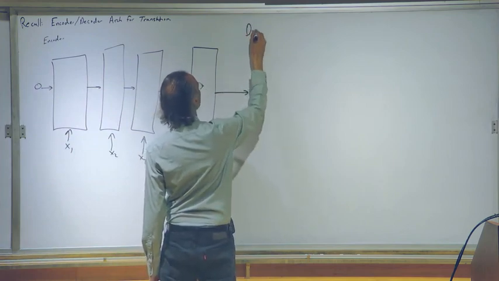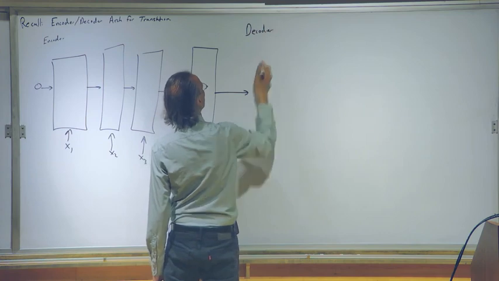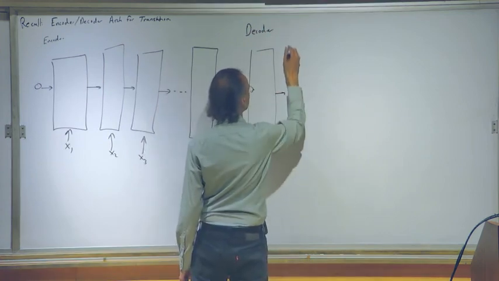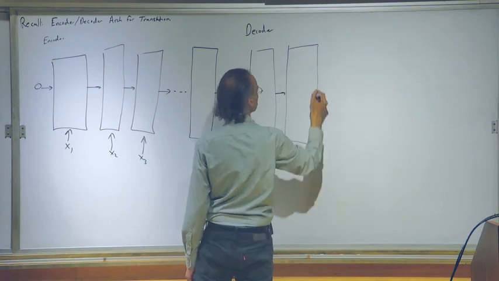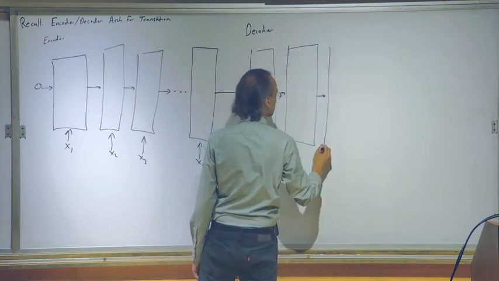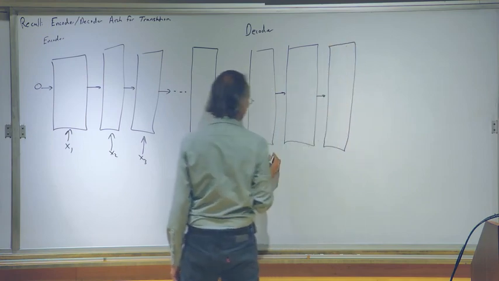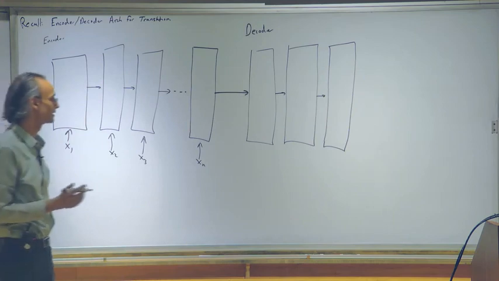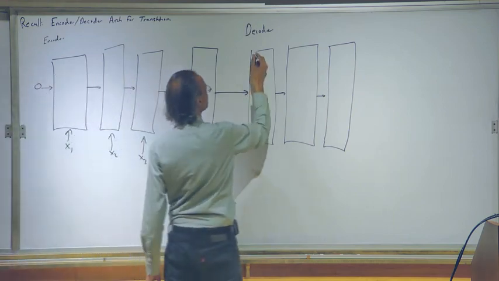So here's the decoder. Let's think about it in training time first. We already talked about how we'd use it at runtime.